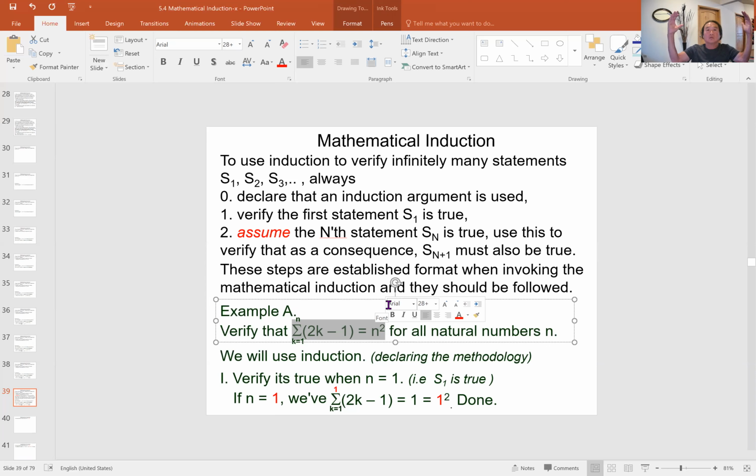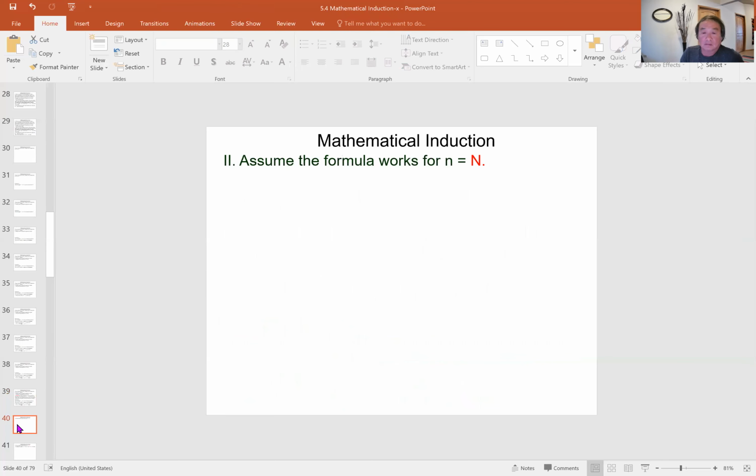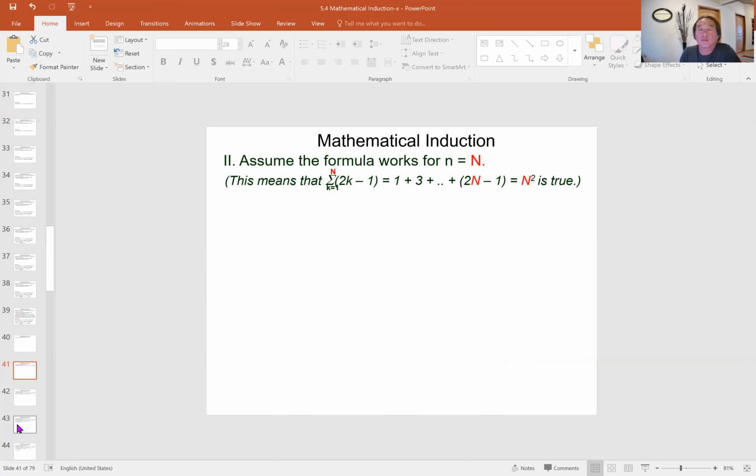Then we're going to use that to show that the next pattern has to be true, because these patterns follow the formula. So we're going to assume the formula works up to n. What does that mean? It means adding the first n odd integers gives n squared. So assume that pattern persists.